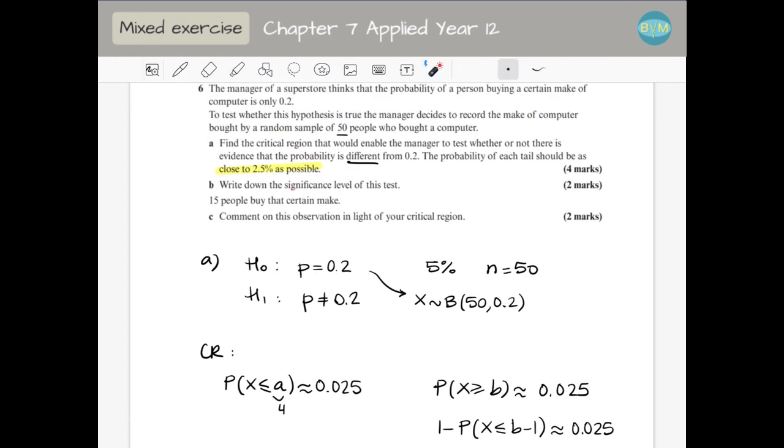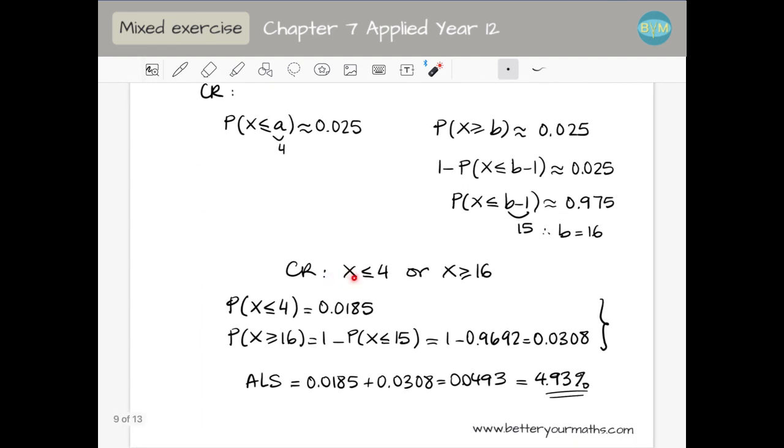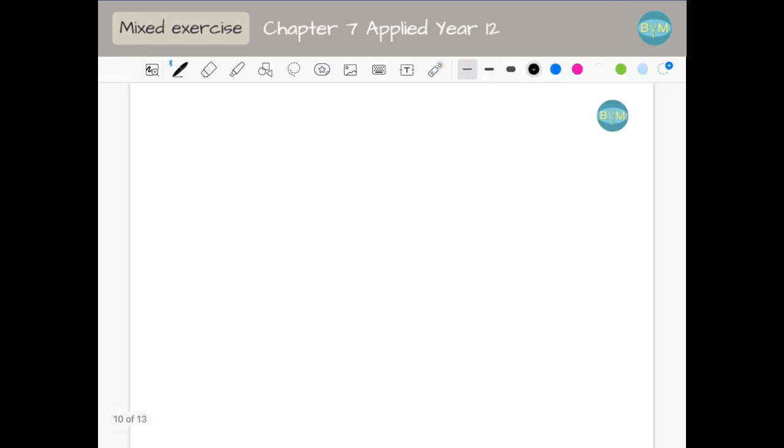Then 15 people buy that certain make. Comment on this observation in light of your critical region. 15 people is not in the critical region. Remember, this is my critical region: 15 is not smaller than 4 or greater than 16. So as 15 is not in the critical region, we have to accept H0.